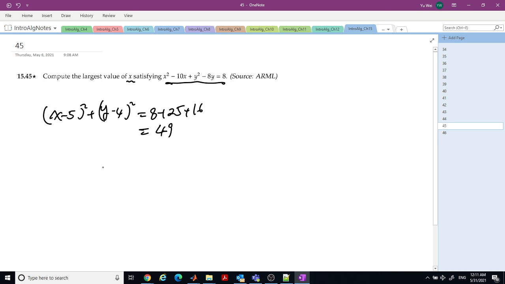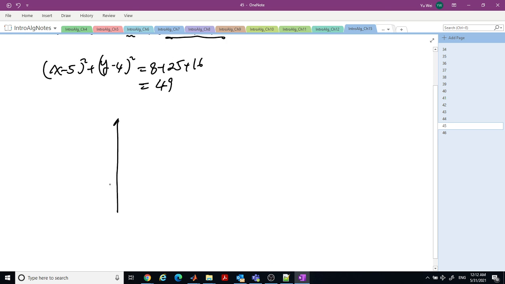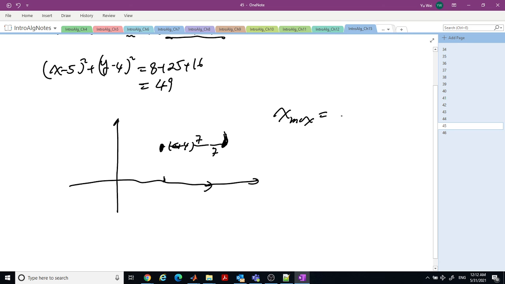So this is a circle with the center at (5, 4), and the radius of 7, right? So what is the largest x? It must be this point, right? From here at the radius of 7. So x max should be equal to 12.